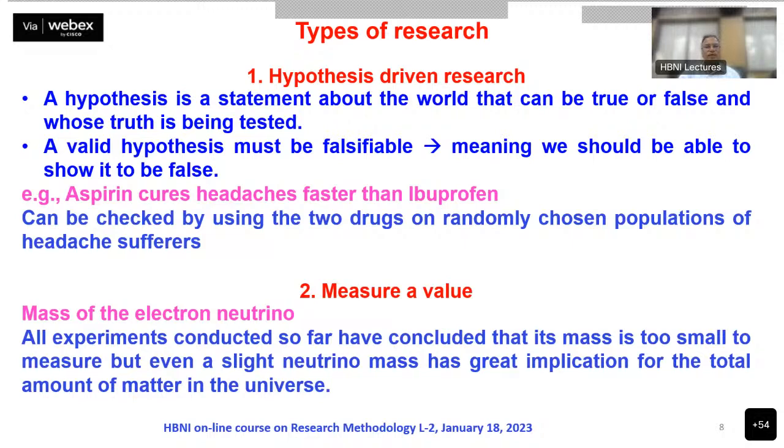So you have to do an experiment. We can check by using the two drugs on randomly chosen populations who are suffering from headache, and you try to derive some conclusions of that research, whether this hypothesis is valid or not.